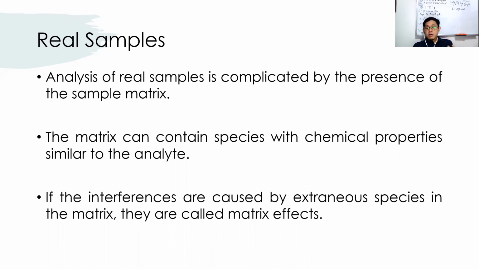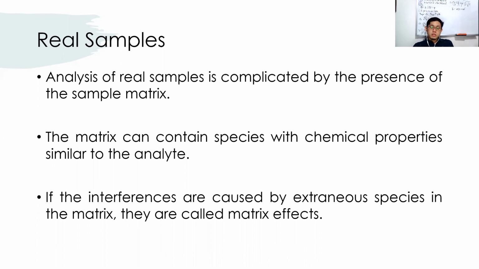So, pagka may na-co-precipitate ka na hindi mo target kasi similar yung properties niya, it could be possible na dadagdag yung na-form na precipitate sa weight nung makukuha mo. So, this will lead to overestimation or a false positive if it's just a determination. If the interferences are caused by extraneous species in the matrix, they are called matrix effects.